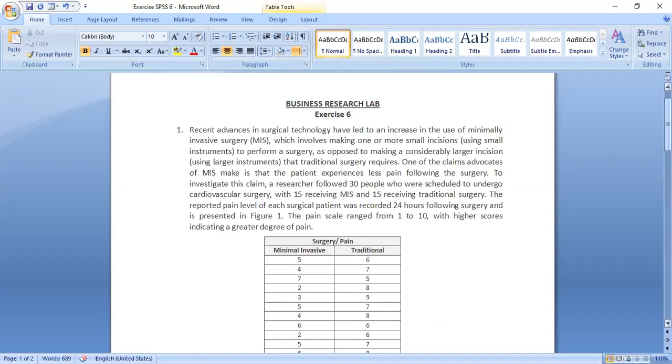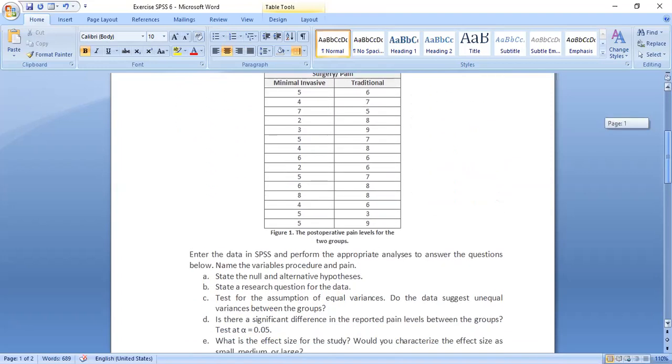Now for minimal invasive surgery, we have got 15 patients who have been given this surgery, and their pain level is recorded 24 hours after the surgery. Similarly, for traditional surgery, we have got another 15 patients, and their pain level is recorded.